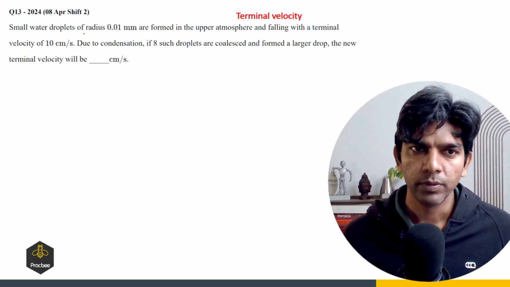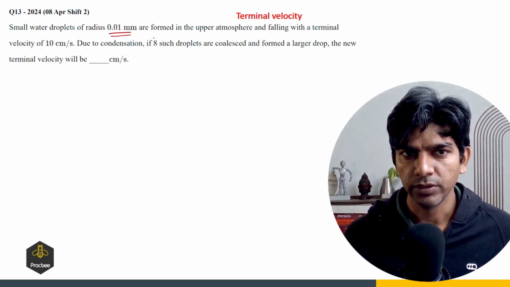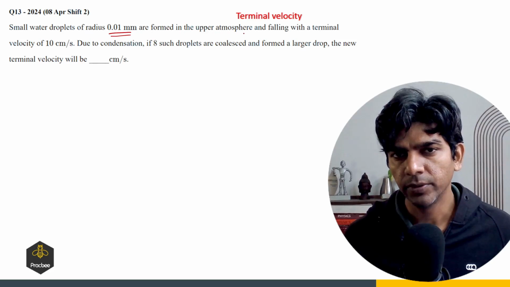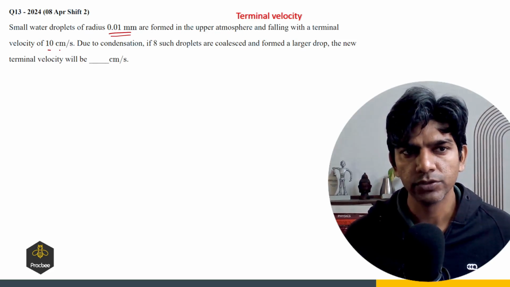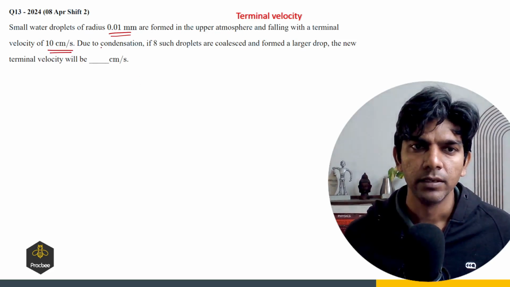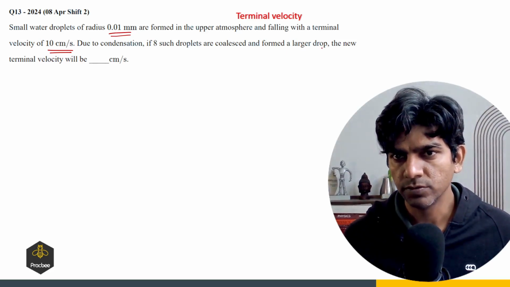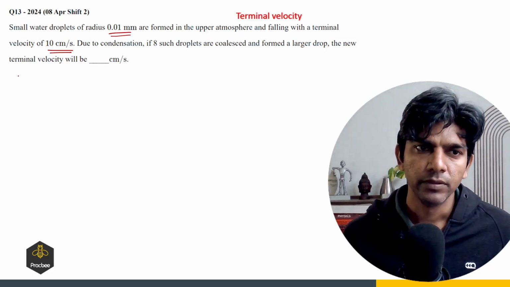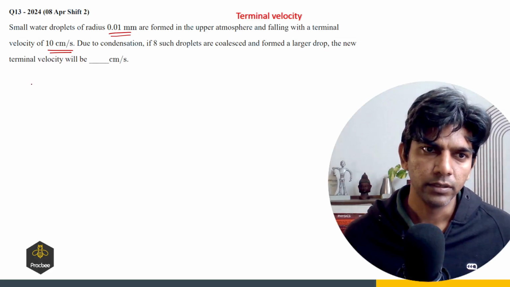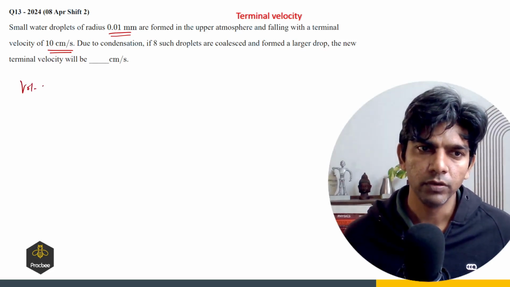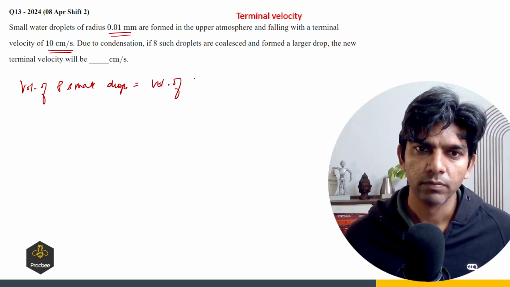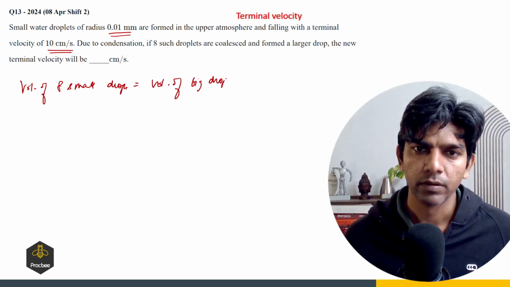Small water droplets of radius 0.01 millimeter are formed in the upper atmosphere and falling with a terminal velocity of 10 centimeters per second. Due to the condensation, if 8 such drops are coalesced and form a bigger drop, find the new terminal velocity. So here we can conserve volume. So volume of 8 small drops is equal to volume of big drop, right?